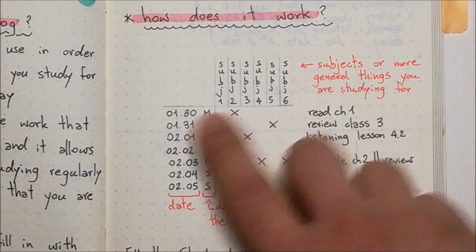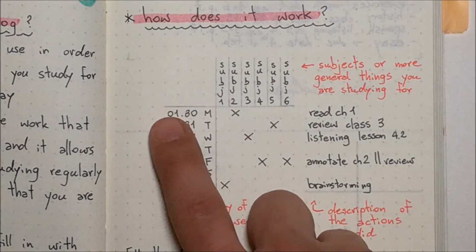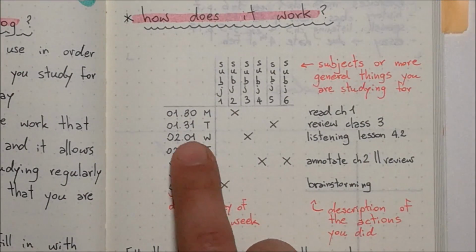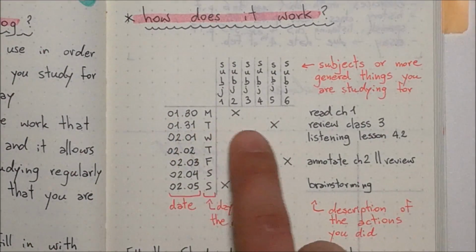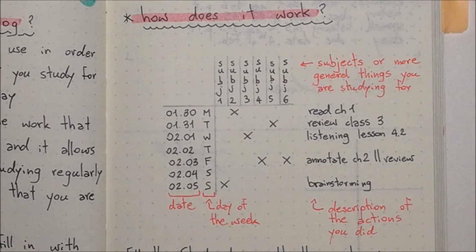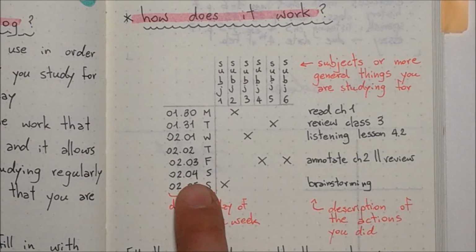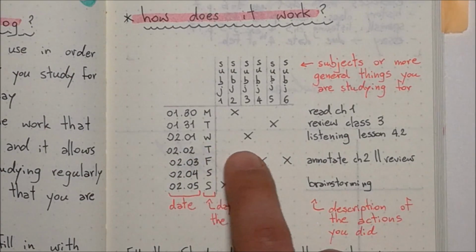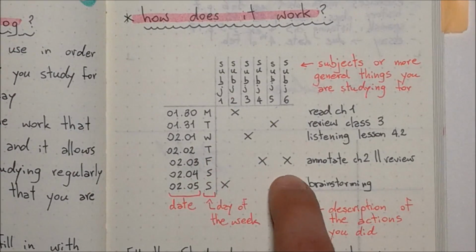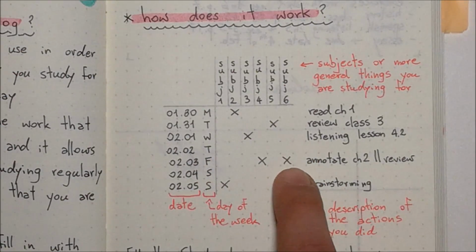So as you can see here on the 30th of January, you studied subject 2. On the 31st of January, you studied subject 5, and so on. As you may notice, on the 2nd of February and on the 4th of February, nothing got done. So that means that you did not work on any subject on these 2 dates.